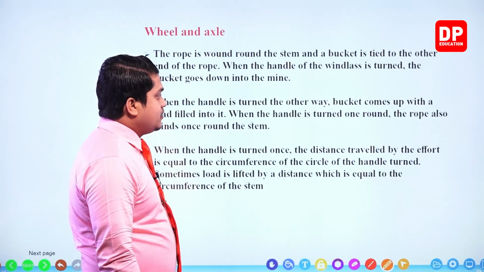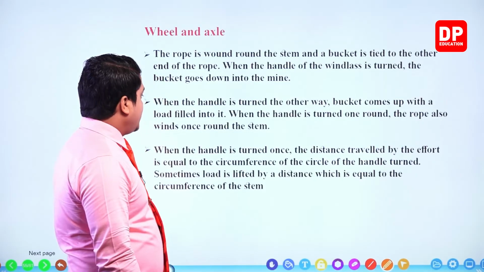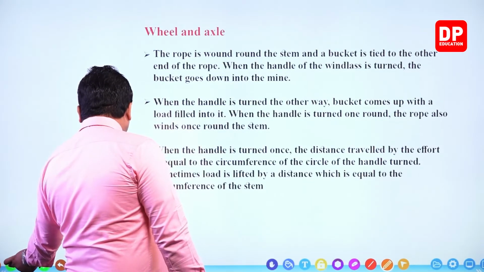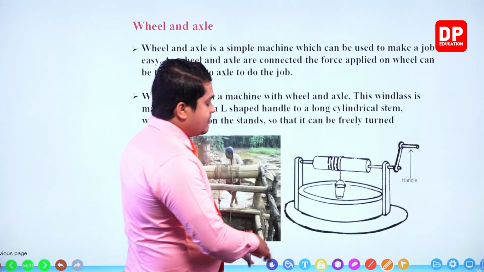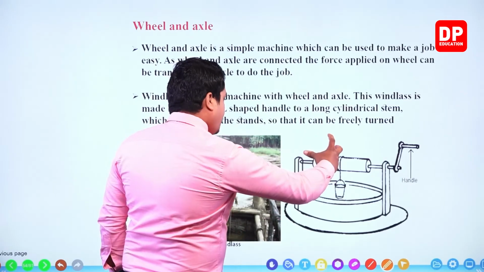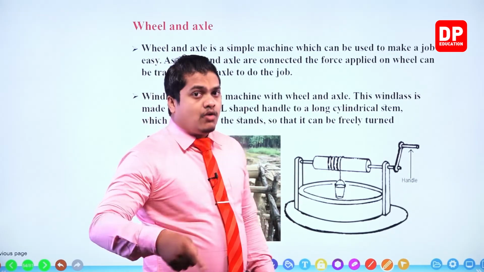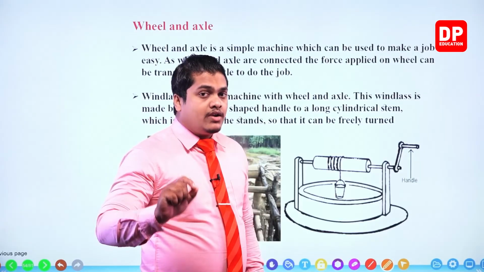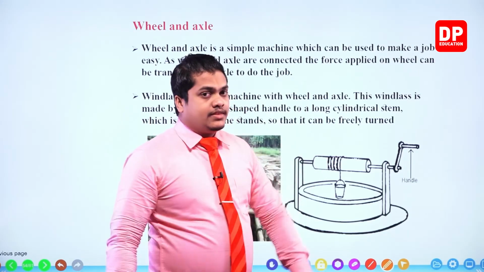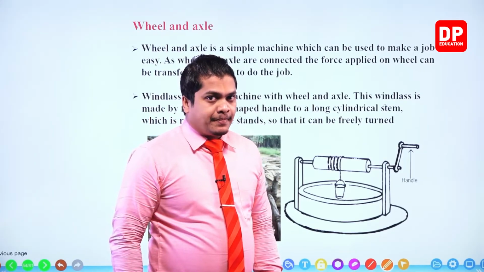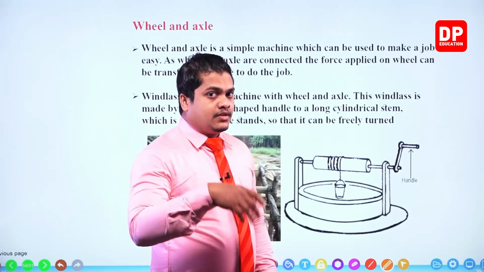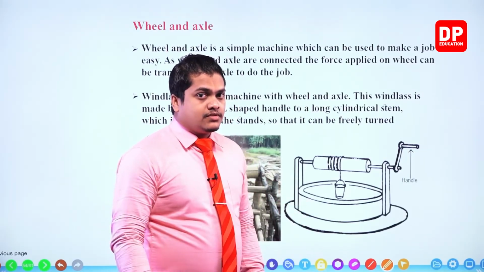When the handle is turned one round, the rope also winds one round around the stem. Let me take you to the previous one. When one rotation is completed, the rope completes one wind around the cylindrical stem. So when turning it for several rounds, what will happen?